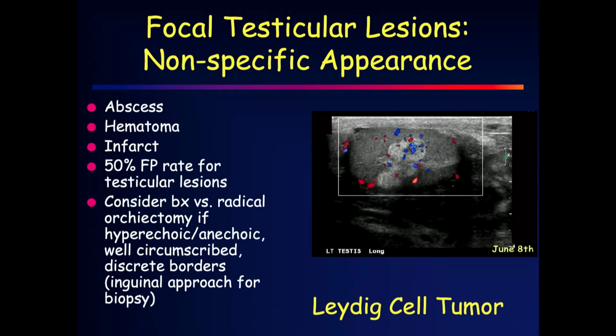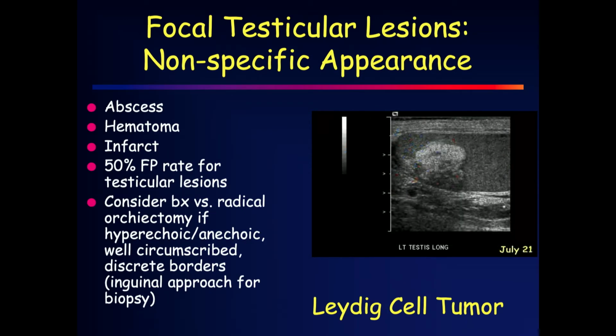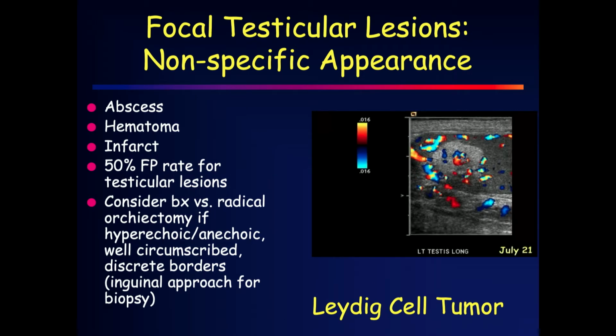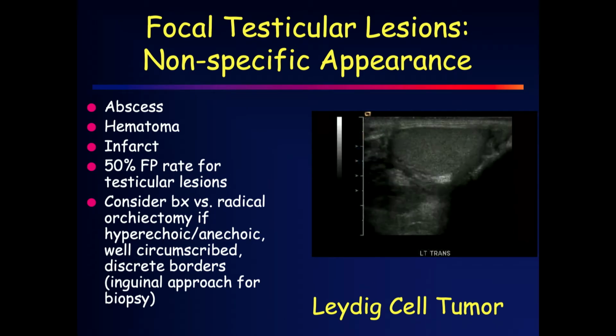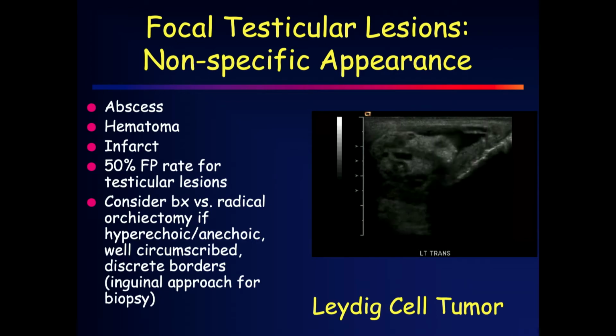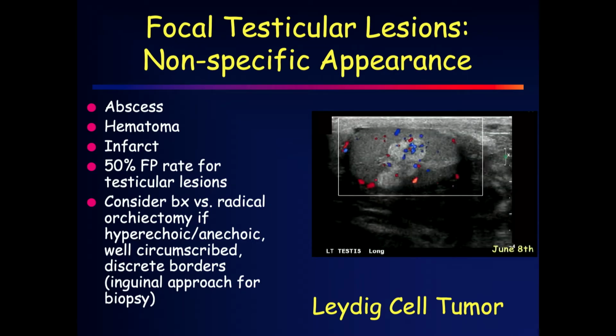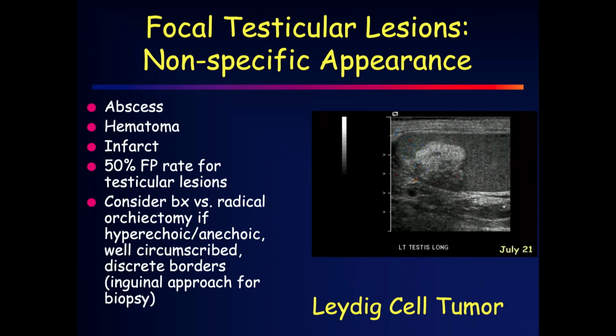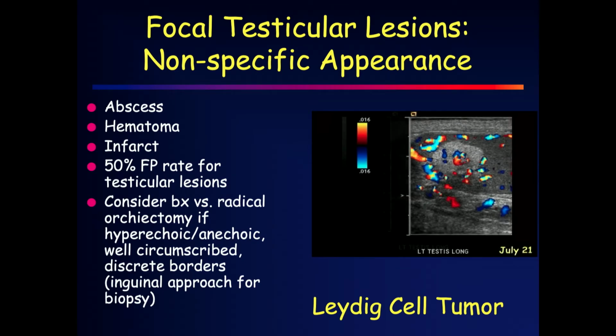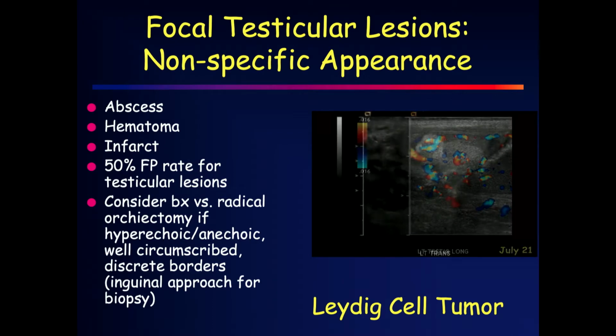Non-specific appearance. Lee Melson wrote a paper years ago talking about a 50% false positive rate, getting tripped up by infarcts or hematomas or abscesses. I think as our collective knowledge has improved and we've gotten better and better machines, we're really good. But again, in a few exceptions, masses in the testicle are malignant until proven otherwise.